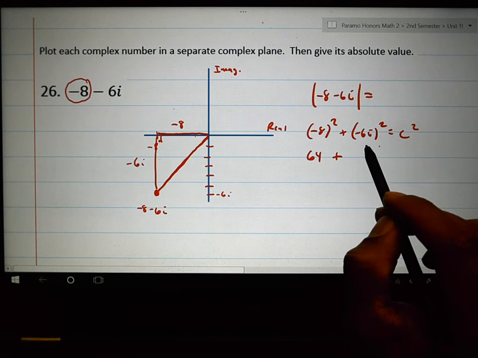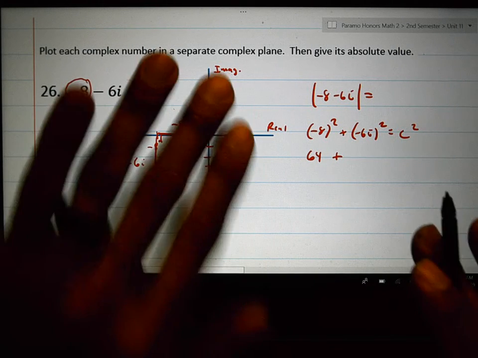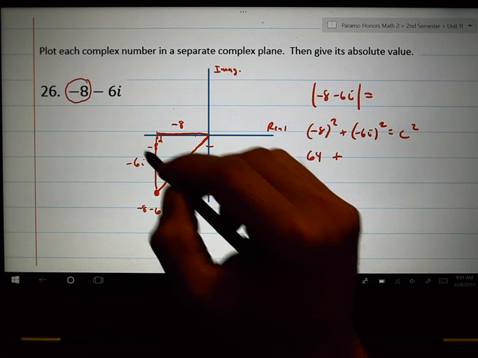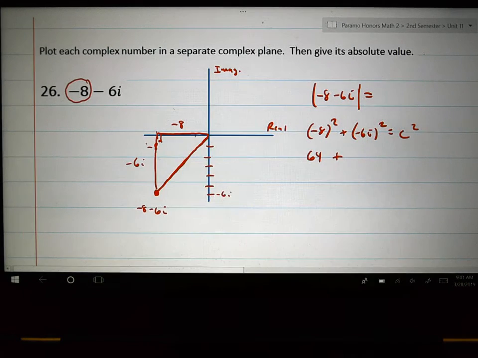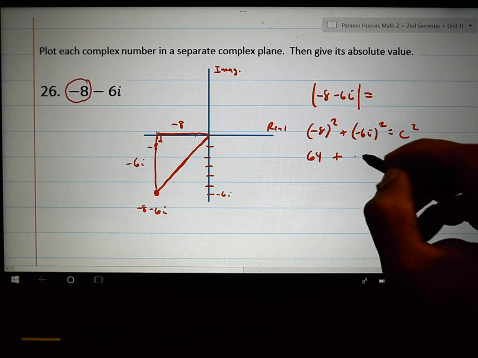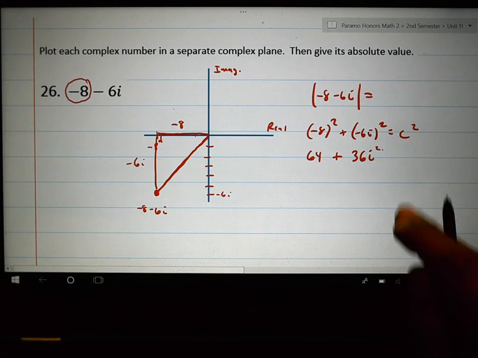If you're confused by this, the i is not going to matter here at all. 6 times 6 is 36. If you're thinking, oh, what about the i squared and it makes it negative, don't get bothered by that at all.